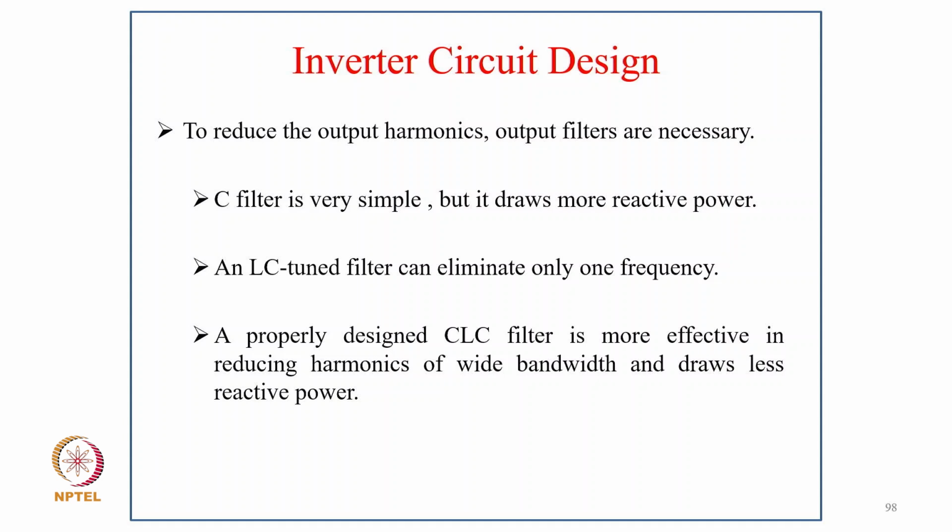And to reduce harmonics, output filters are necessary. A C filter is very simple but draws more reactive power, and an LC filter can eliminate only one harmonic. So a properly designed CLC filter is more effective in reducing harmonics of wide bandwidth and draws less reactive power.